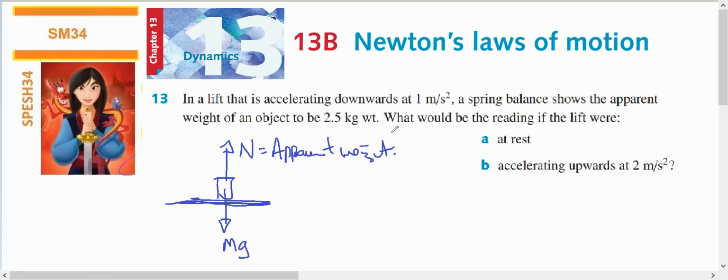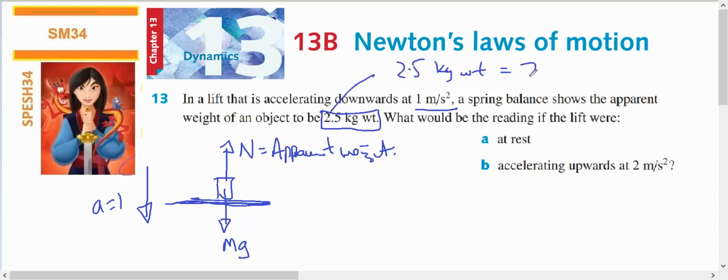So we know that when it is accelerating downwards at 1 meter per second squared, so downwards acceleration equals 1, we're told that the apparent weight is 2.5 kilogram weight. 2.5 kilogram weight equals 2.5g newtons. So I know that the apparent weight is 2.5, so that's going to be 2.5g.